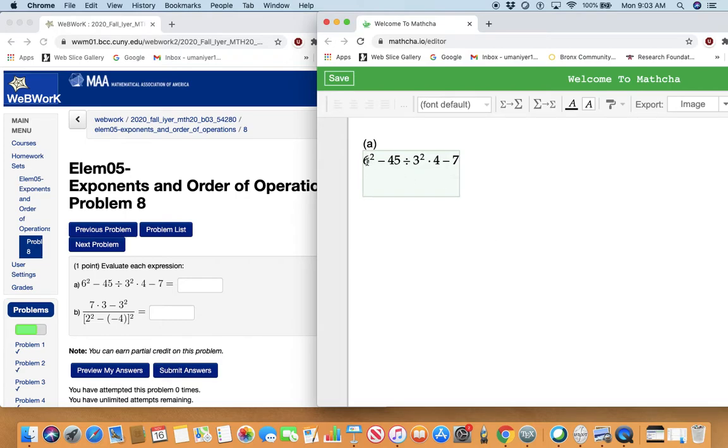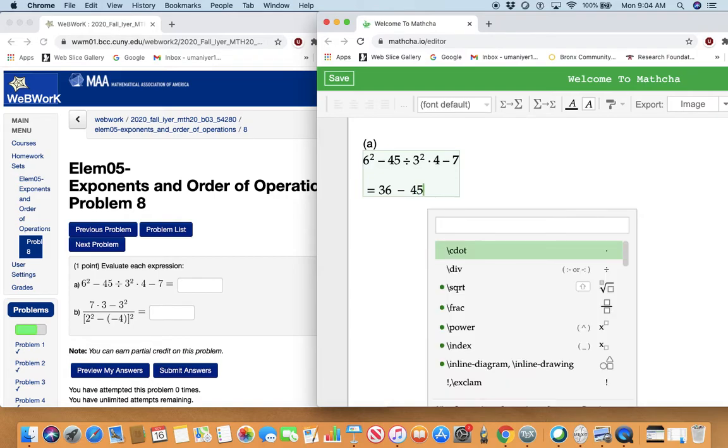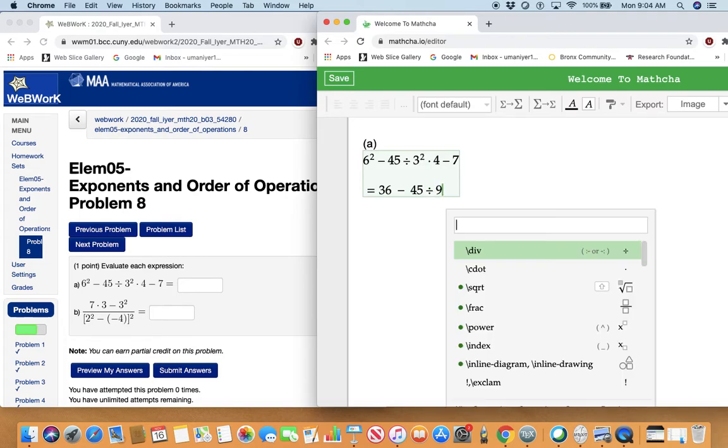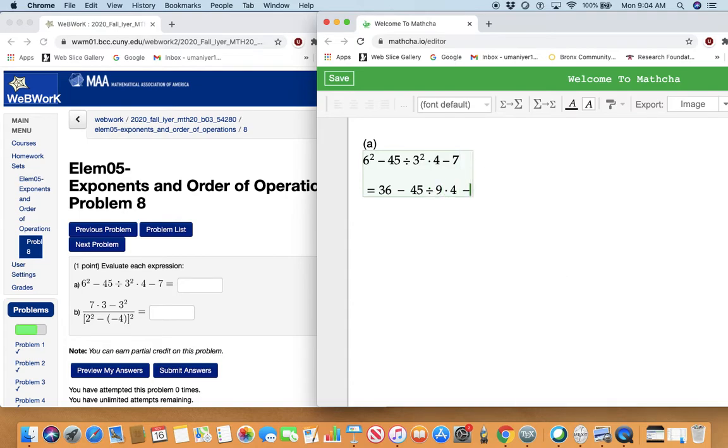Okay, now this is a long expression, so we have to be thoughtful here. 6 power 2, so that's an exponent, that's a subtraction, division, exponent, multiplication, subtraction. So quite a few operations. Notice exponents are to be taken care of first. 6 power 2 is 36 minus 45 divided by 3 power 2 is a 9 times 4 minus 7.